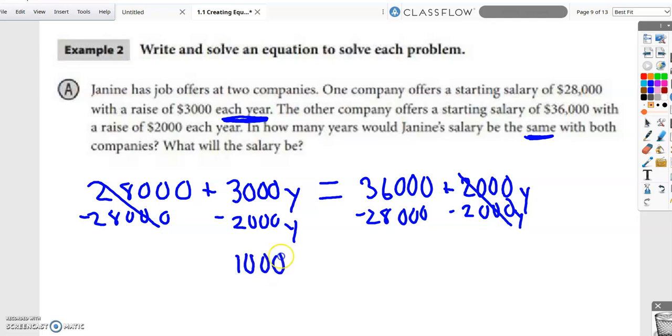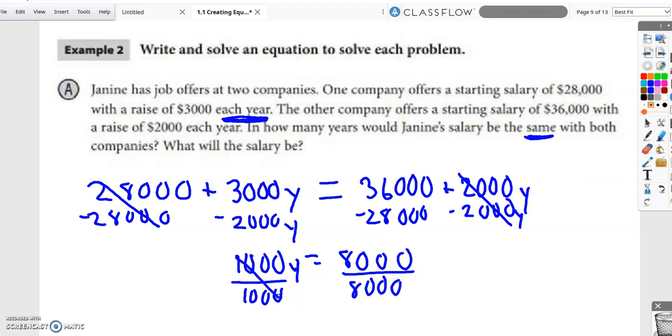So 1,000y equals 8,000. Now I divide by 1,000, and I get y equals 8. After 8 years, both will be the same.